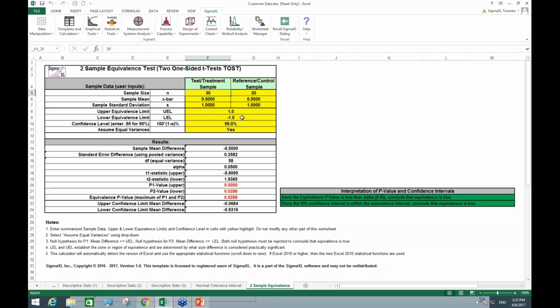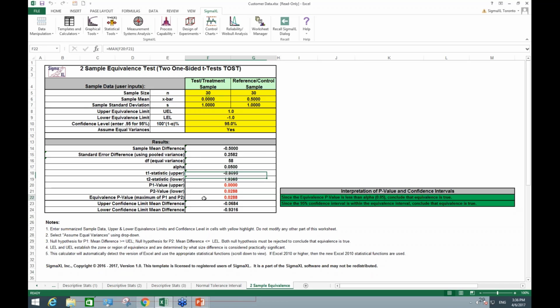And these then are used to compute the p-values. Essentially, you're just running two one-sided t-tests. So you have a p1 value and a p2 value. This is test 1 and this is test 2. And then we just take the maximum of p1 and p2.